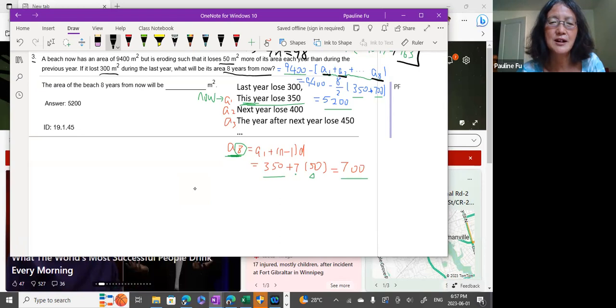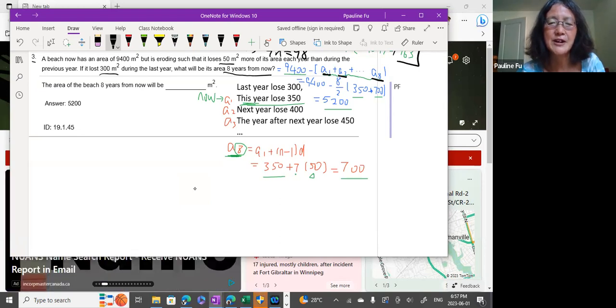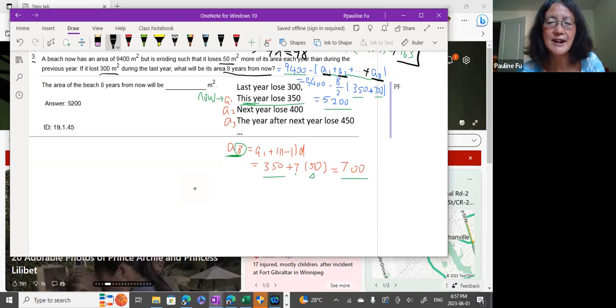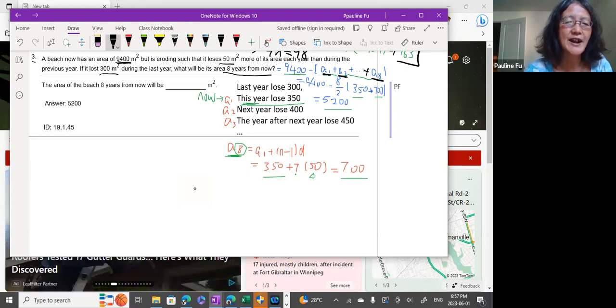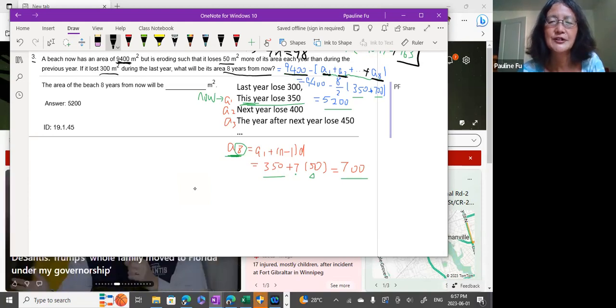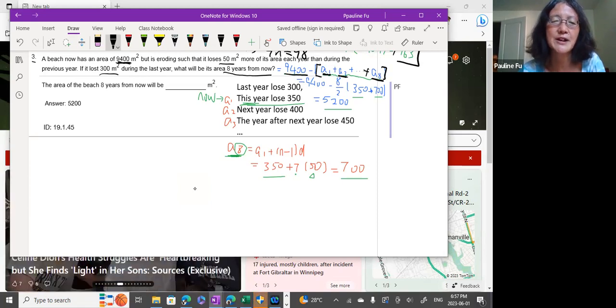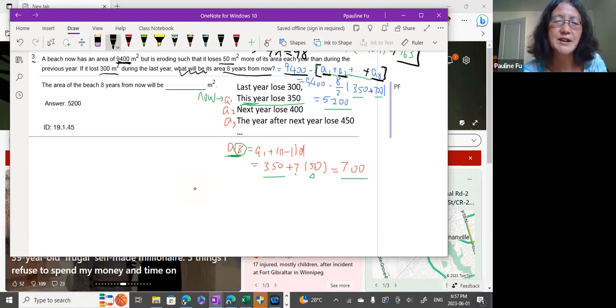So the area lost in year 1 plus year 2 plus until A8, all these 8 years added together. The beach right now has 9,400, so we use 9,400 minus the area lost. This bracket represents the area lost. That will be its area 8 years from now.